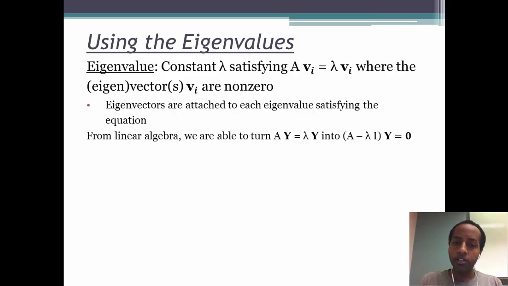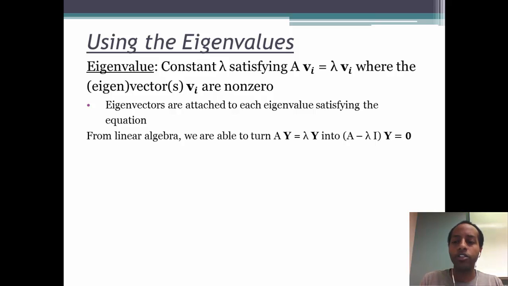So from linear algebra, we know we are able to turn this expression, if we want to make it equal to some form of zero, in this case the zero vector, into this expression where the identity matrix is multiplied with lambda such that it's in the same dimensions, because we can't subtract a constant from a matrix, but we can subtract it when the constant is multiplied with the identity of the same dimensions.